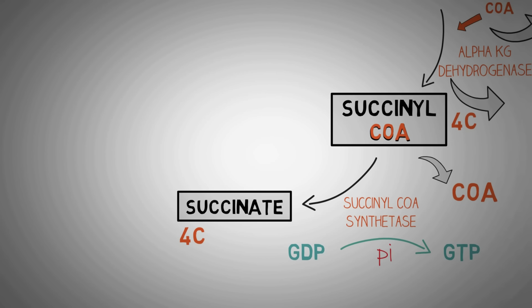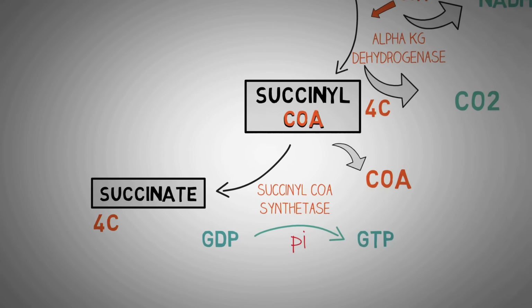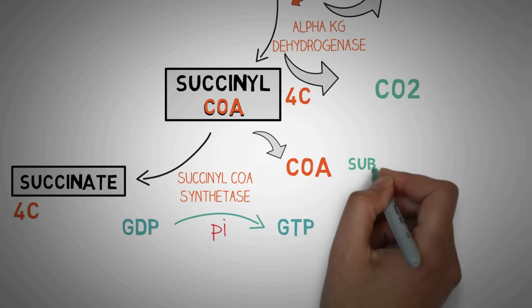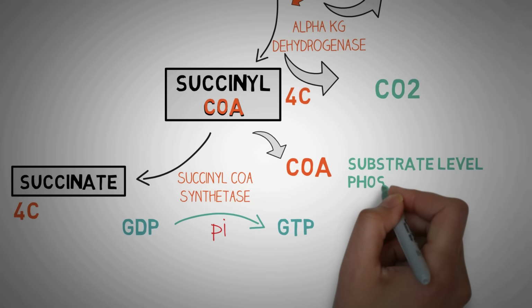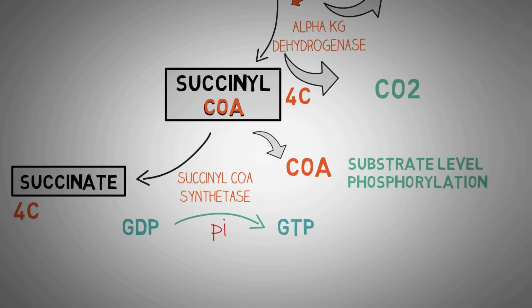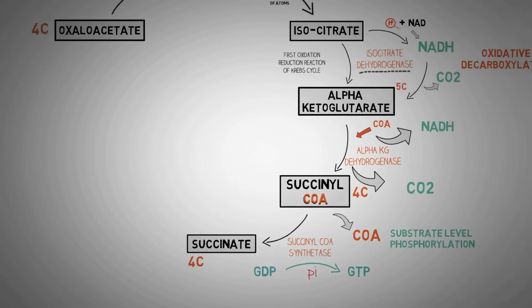So what happens here essentially is that the Succinyl-CoA loses its high free energy and its coenzyme A to be converted into succinate and a molecule of GTP. This is an example of substrate level phosphorylation, a process of producing energy that we discussed in detail in our glycolysis video.